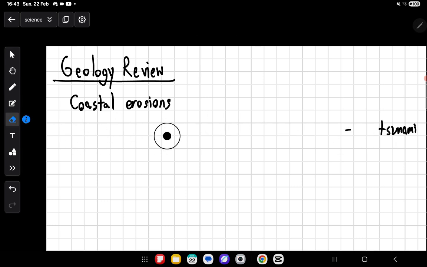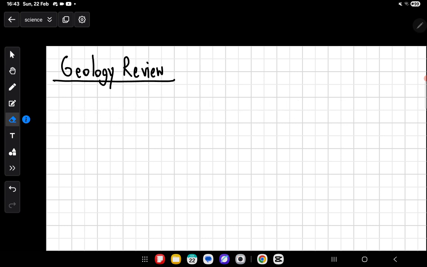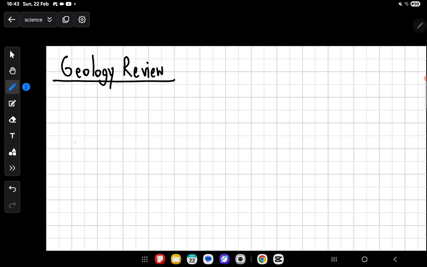Now, coastal erosions destroy sand dunes and lagoons. Okay. Now let's take a look at sand dunes and lagoons. First, let's take a look at sand dunes. So this is how a sand dune may look like.